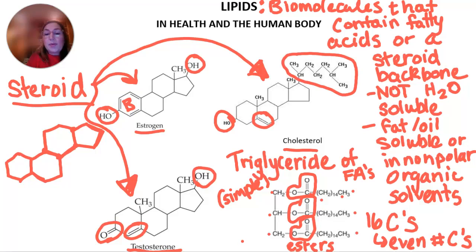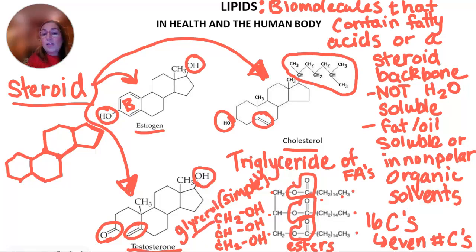What about this backbone? This CH2 backbone comes from having OHs off of each of those carbons, so 3 OHs, which comes from what we call a glycerol backbone. So that molecule with the 3 OHs is called glycerol, and it forms the backbone of this triglyceride.